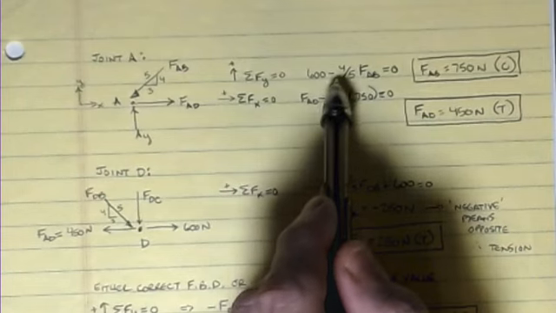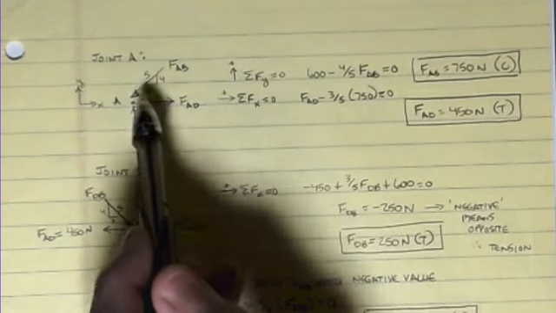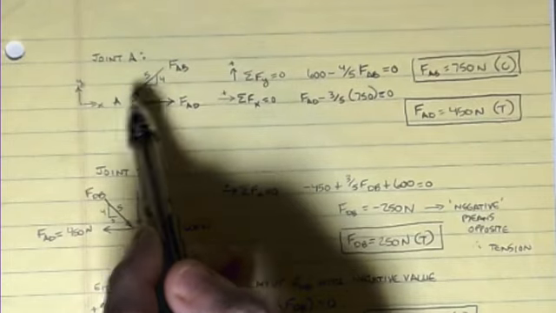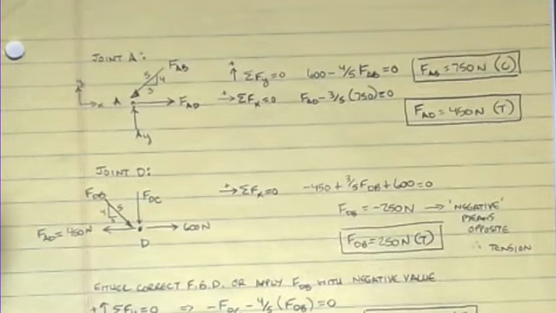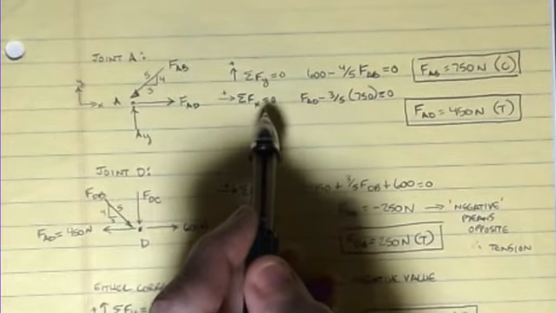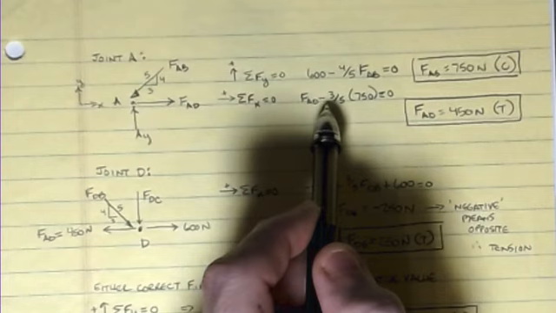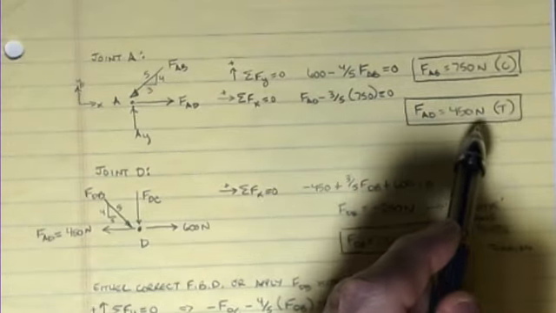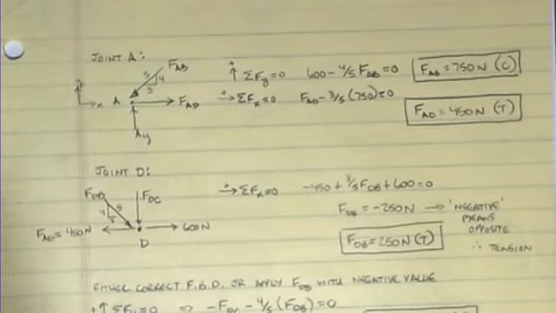The positive tells me this guy is drawn correctly, and he was drawn as compression, so clearly he's a compressive value. He's a member that wants to get shorter based off of the load. Then sum of forces X equals 0, force AD minus 3/5 times 750 equals 0. FAD is 450 newtons, and that guy has to be a tensile value.